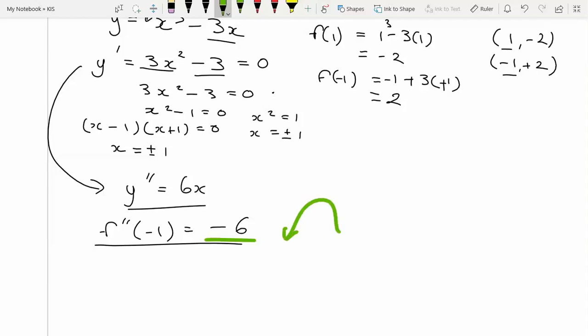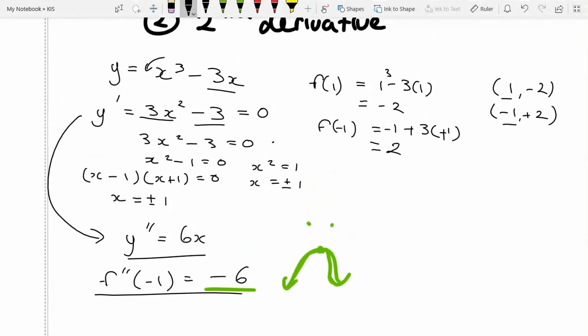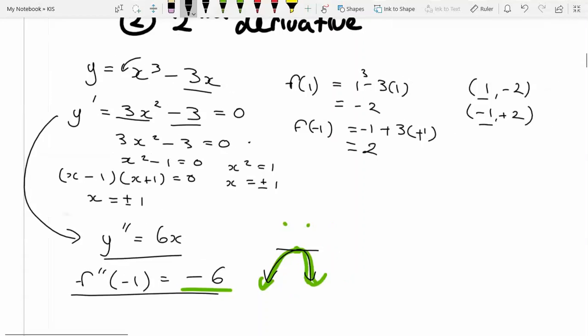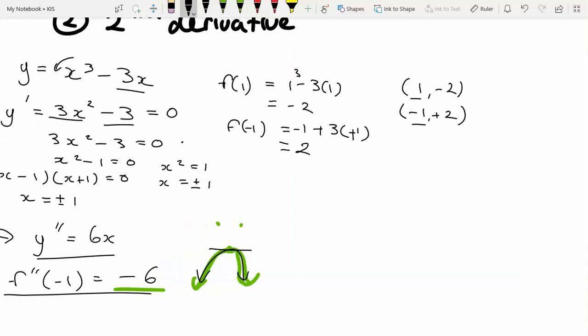Now, if it looks like a frowny face, what type of turning point is this going to be? Well, it goes up to a high point and then drops down low. So if it's negative, it's a frowny face, and that means it is a maximum turning point. It goes up to a maximum point and then down, right? So when we subbed minus 1 in there, that's going to give us a maximum.